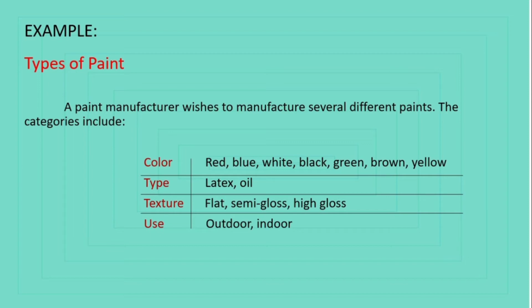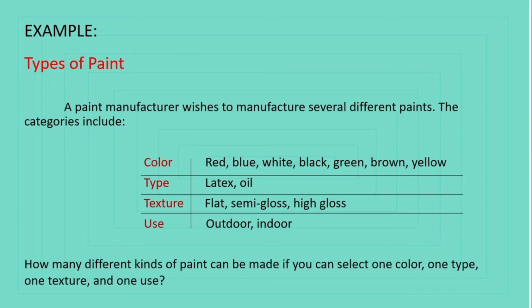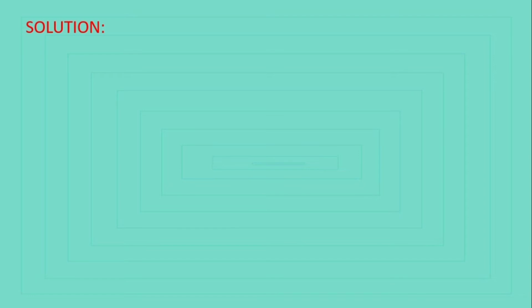Under type, we have latex and oil. Under texture, we have flat, semi-gloss, and high gloss. Under use, we have outdoor and indoor. So how many different kinds of paint can be made if you can select one color, one type, one texture, and one use? So here is the solution.